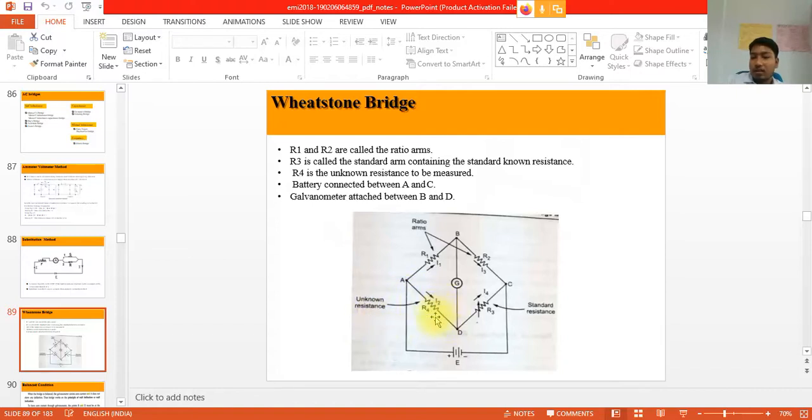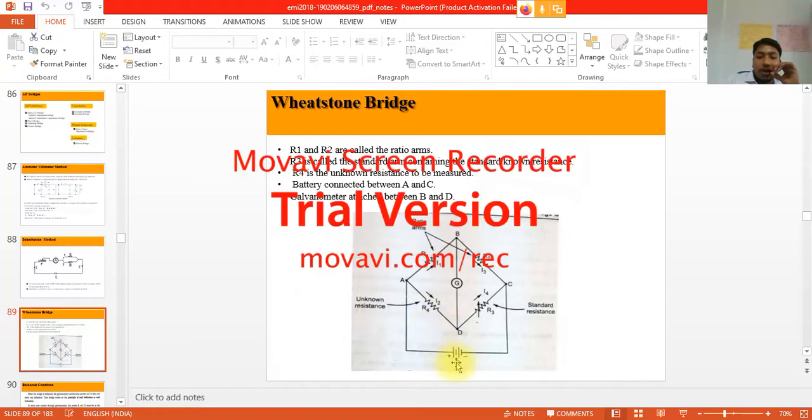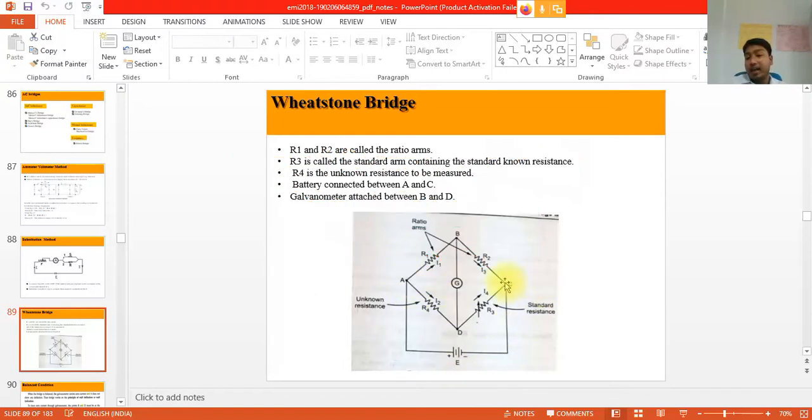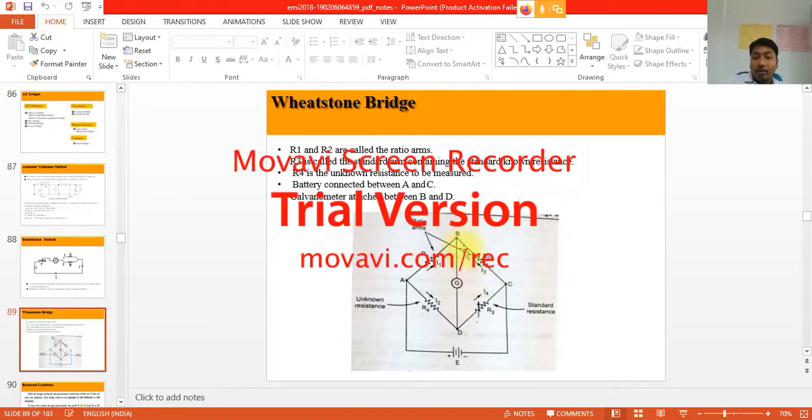E is the voltage source whose terminals are connected at points A and C, and a galvanometer is connected between points B and D.